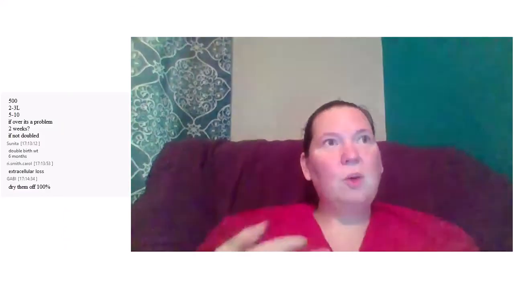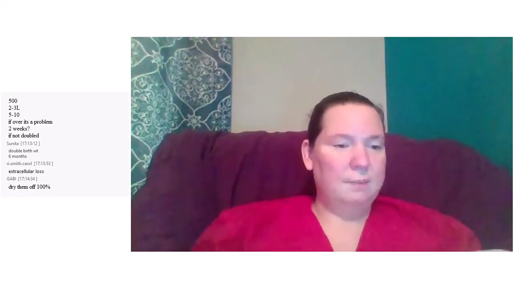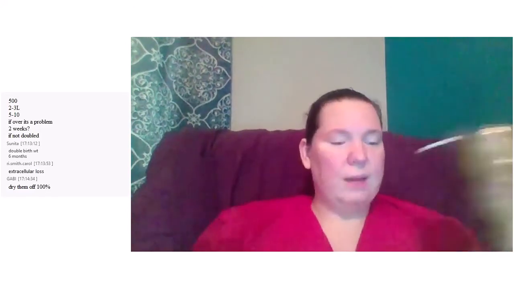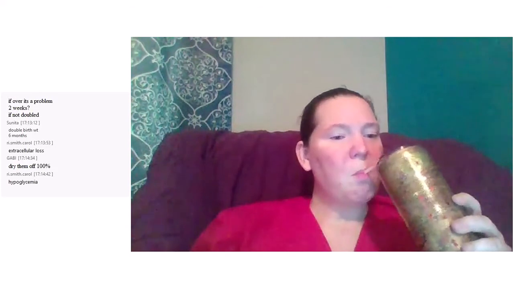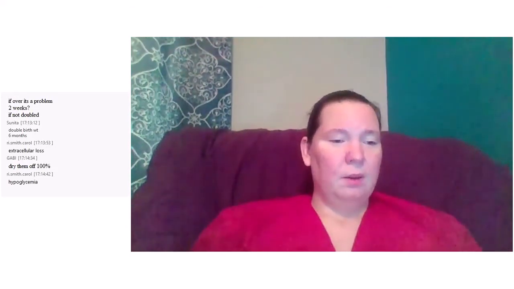Heat loss. So we talked about acrocyanosis. The hands and feet being blue means heat loss. So we're going to wrap them up. What are 2 other complications we worry about with heat loss, with cold stress? Yes, hypoglycemia.